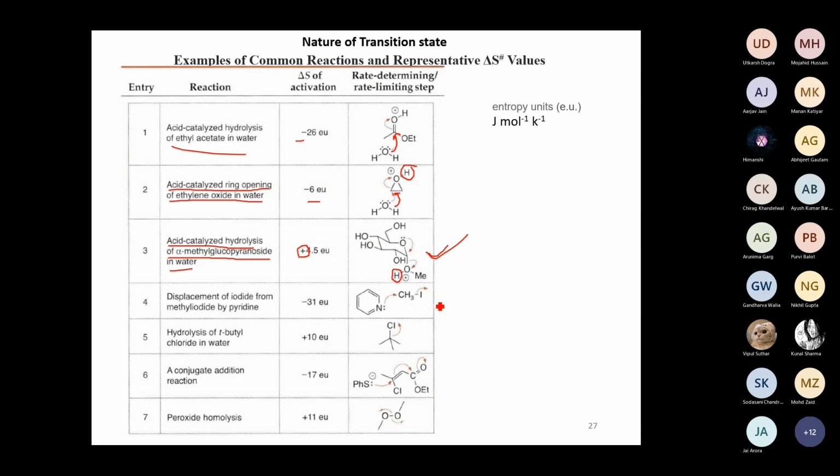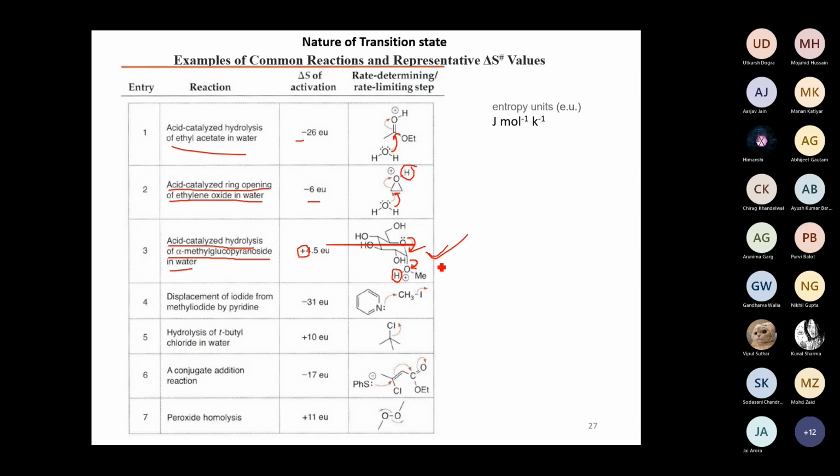Here I'm just giving the answers to help you understand, because you are learning this for the first time. So if this is the mechanism, then what should we expect? What will be the sign of del S? You can see here the oxygen, this arrow, and OMe is cleaving. Here the bond is cleaving like an SN1 type of reaction, isn't it? This bond is cleaving.